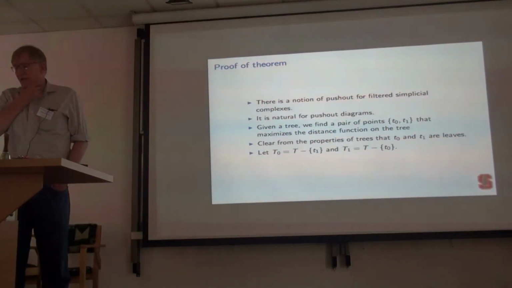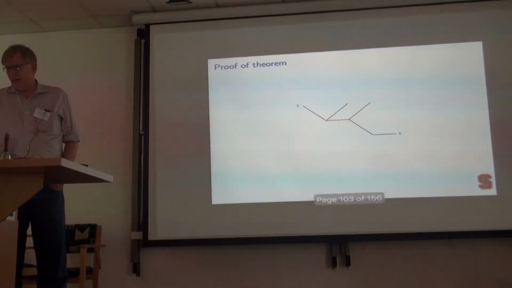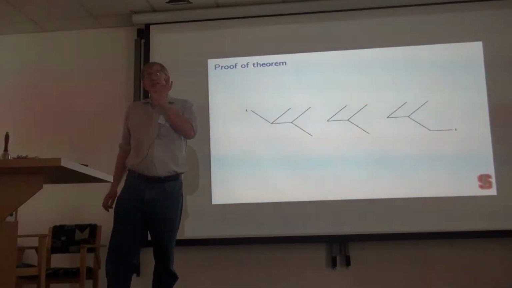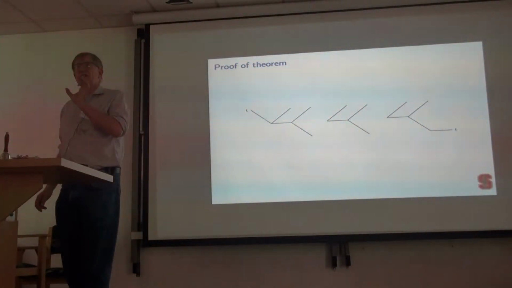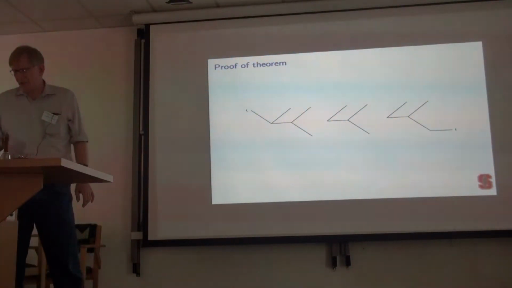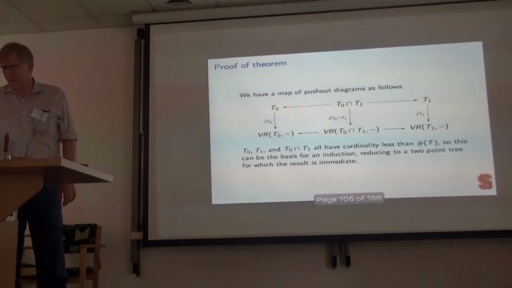And so I'm going to let T0 equal T minus T1, and T1 equal T minus T0. And so you can see here, I've got the 2 points, and I'm breaking into these 3 subtrees, each of which is smaller in terms of the number of vertices than the initial tree. So 2 of them are smaller by 1, and then the intersection is smaller by 2.